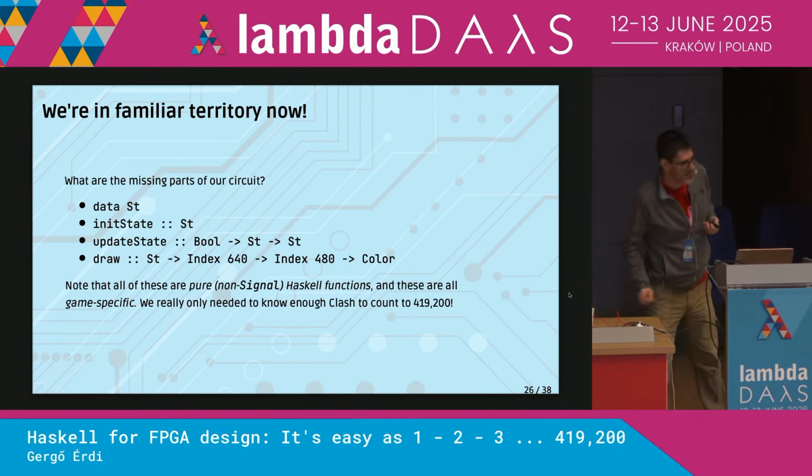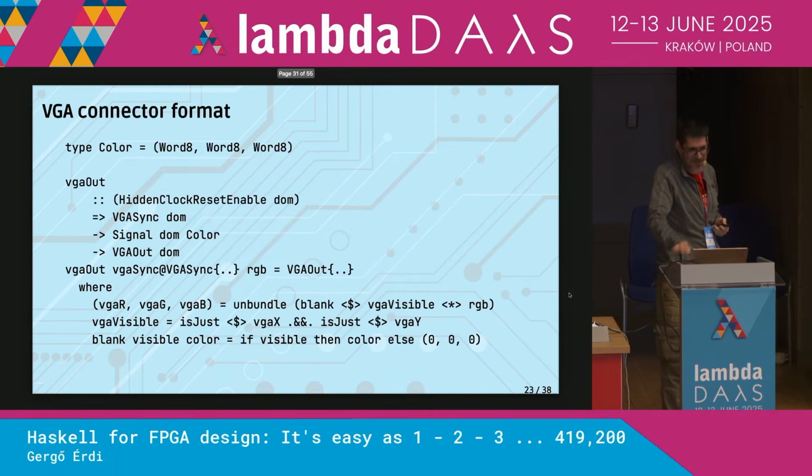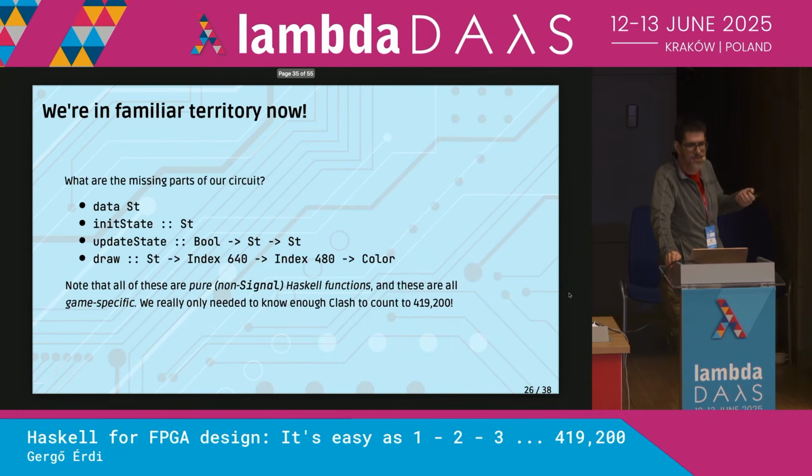Then we need a way to update that state, given the button press and the current state. And then we need to render the screen by taking the state and the visible coordinate, and of course this only matters if we are inside the visible area, so there are no maybes anymore. Inside the visible area, give me the color of this particular pixel. Color here, by the way, I think I skipped over that, is just a triplet of bytes, because we use 8 bits per color channel, because why not?